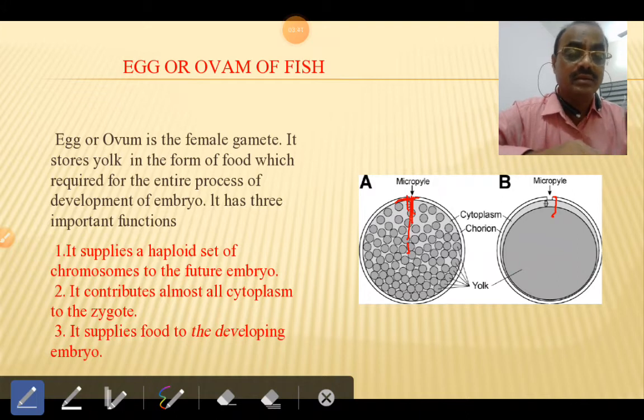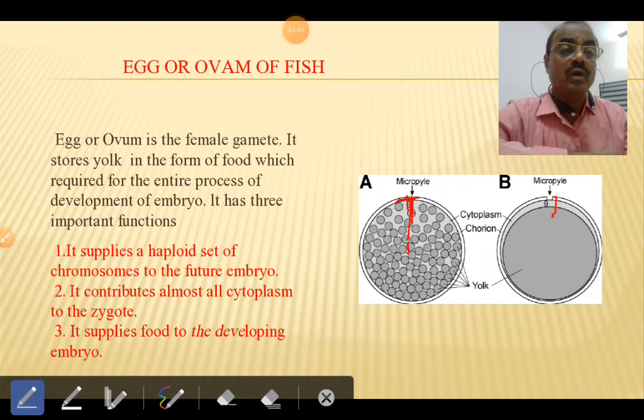How does the embryo develop? Because cytoplasm is present and yolk is present. The cytoplasm provides nutrition to the developing embryo, as well as the yolk is a full storage of food material for the development of the embryo.